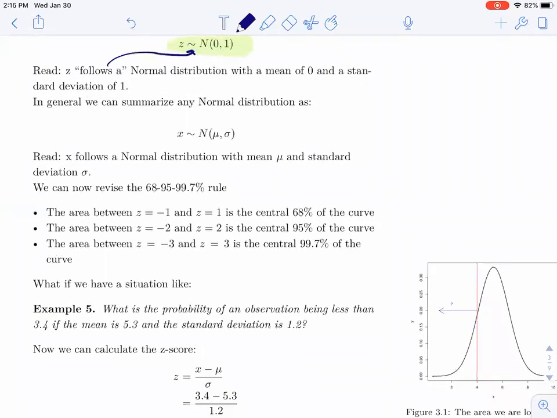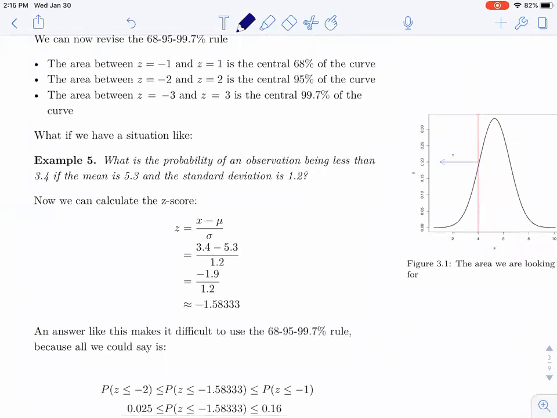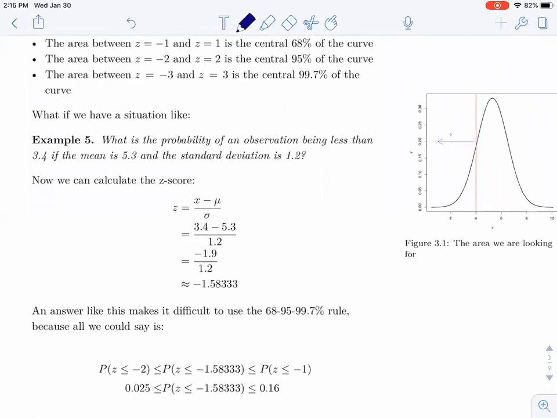Okay. So, for example 5, nice. What's the probability of an observation being less than 3.4 if the mean is 5.3 and the standard deviation is 1.2? I'm asking for the probability, which is the area under the curve.